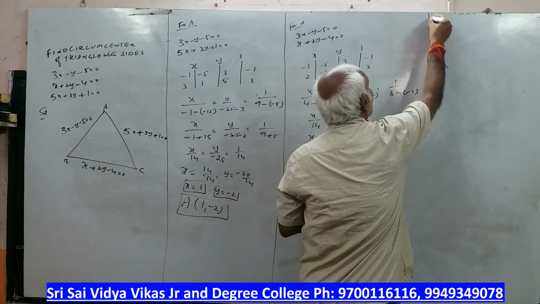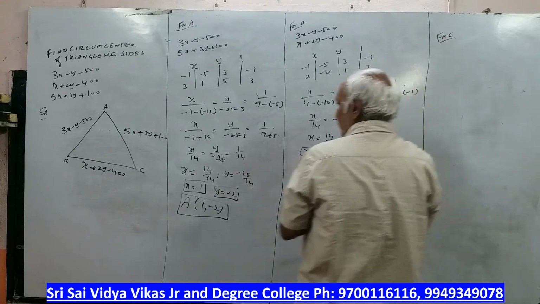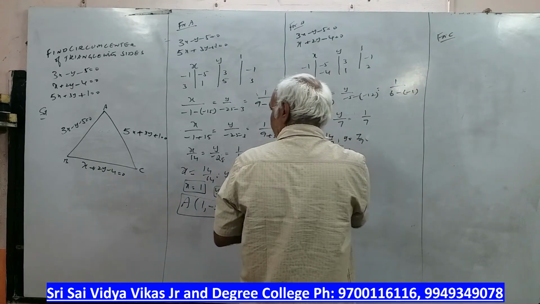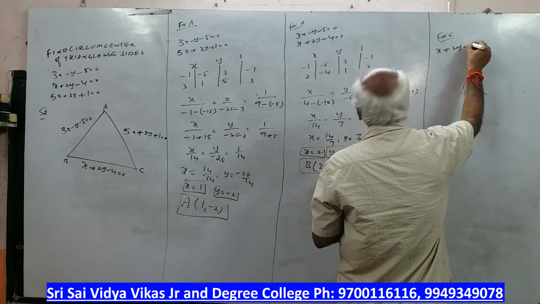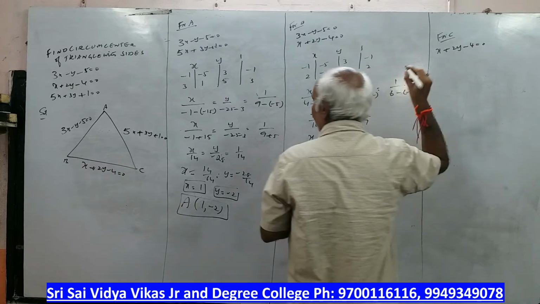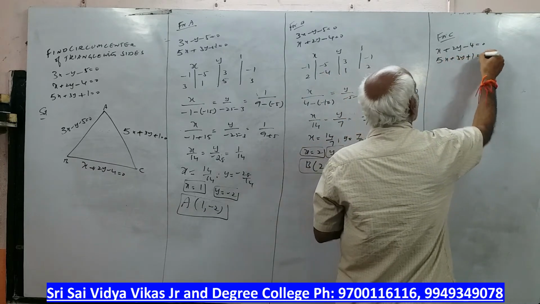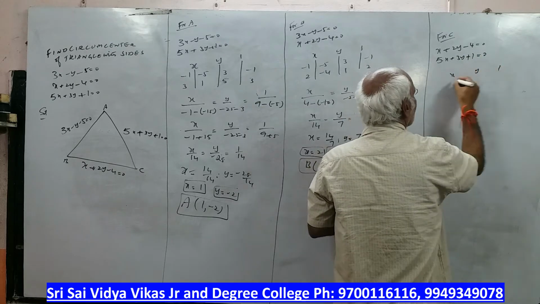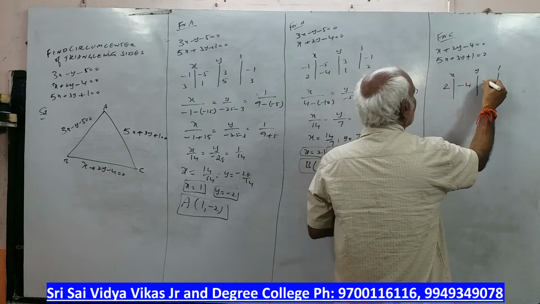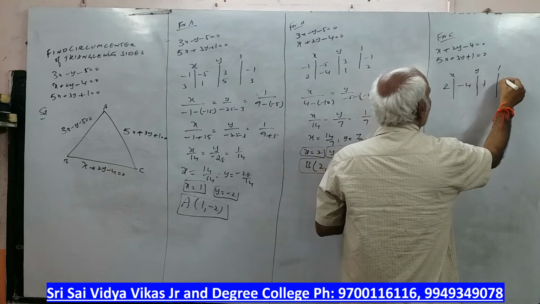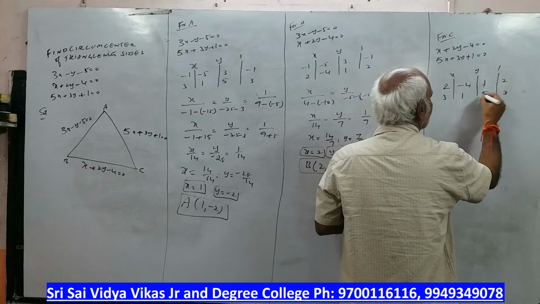Now, for C, which equations do you have to consider? X plus 2y minus 4 is equal to 0. 5x plus 3y plus 1 is equal to 0. X, y, 1. So again 2, minus 4, 1 and 2. Then 3, 1, 5, 3.